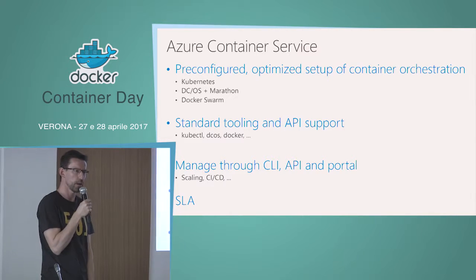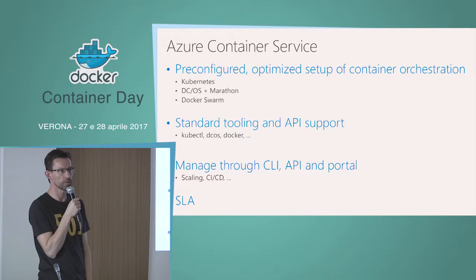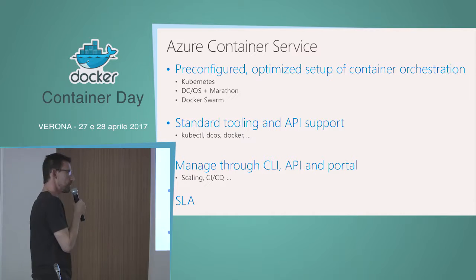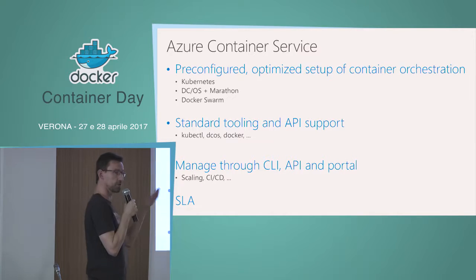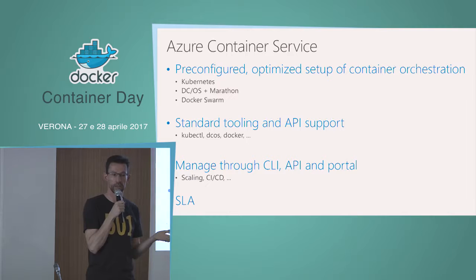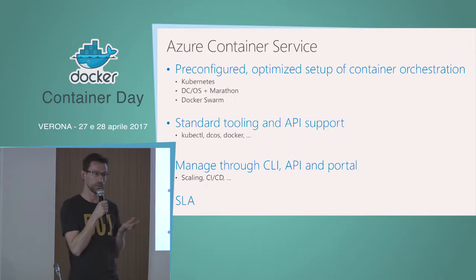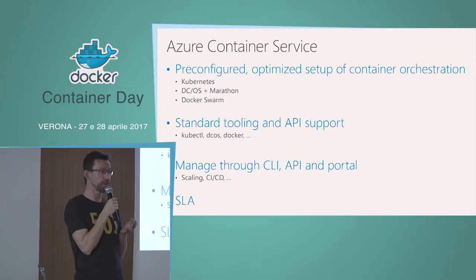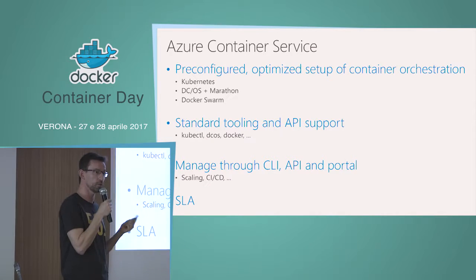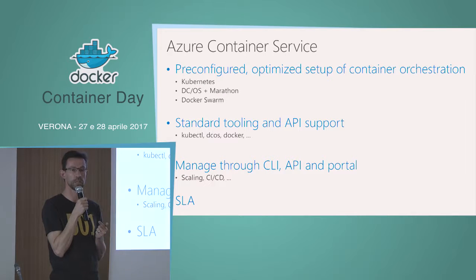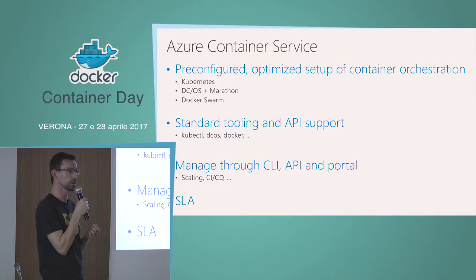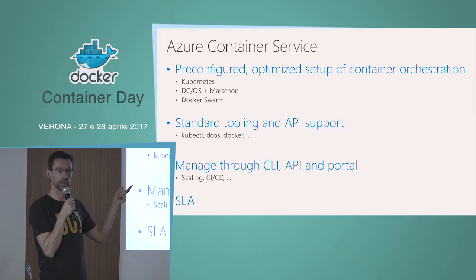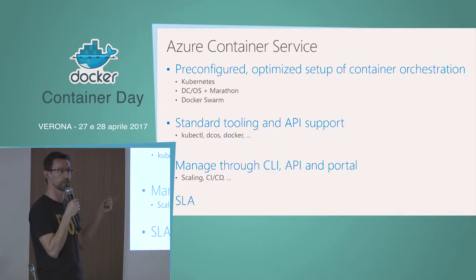Well, I talked about at the beginning, containers are all about portability. Orchestrators as well. So when we spin up this setup for, let's say, Mesos or Kubernetes, we want it to be such that all of the tooling that you already know works. Let's say you're using GitLab from the previous presentation to do CI/CD onto your Kubernetes orchestrator, that should still work if you have your Kubernetes running on ACS, Azure Container Service.